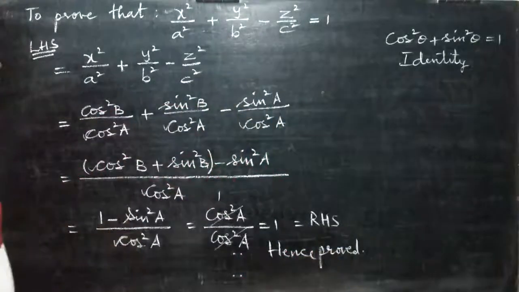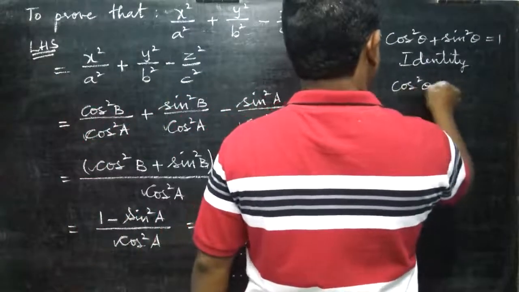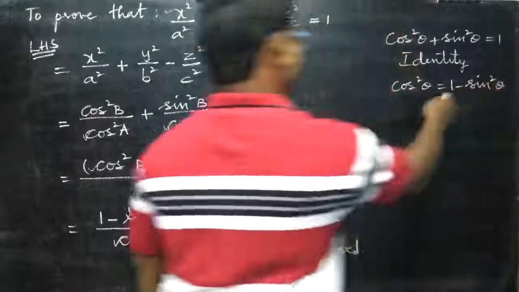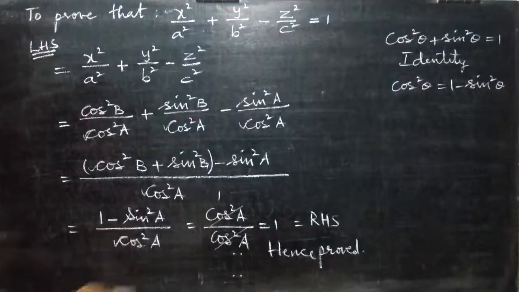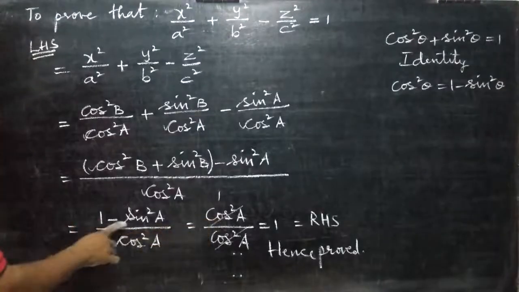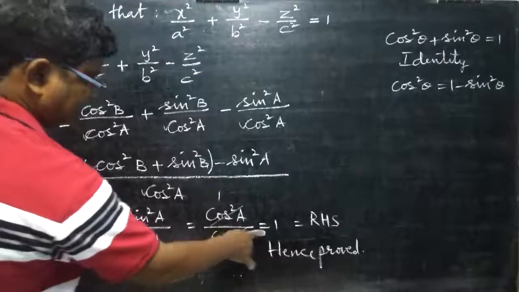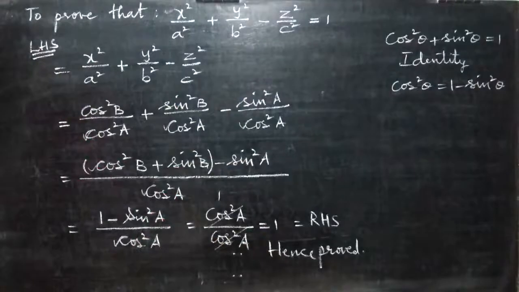Here, cos square theta is equal to 1 minus sin square theta, so in the place of 1 minus sin square theta we write cos square theta, in the same way 1 minus sin square A means cos square A. Cos square A goes 1 time, is equal to 1, which is what they asked, equal to RHS. Hence proved. This is the way of solving this problem.